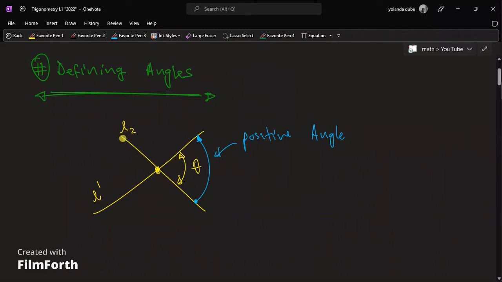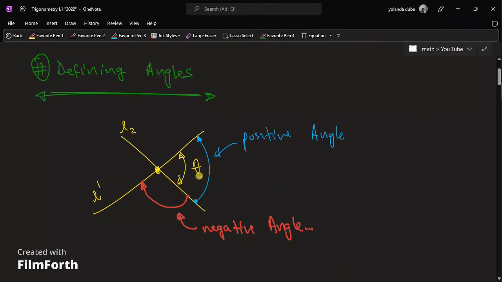This time you are asked to find the angle between lines L2 and L1, and then you measure starting from L2, but then decide to go this direction. So when you decide to go this direction, this one is what we refer to as a negative angle. You see, angles that are measured counterclockwise are positive, while angles that are measured clockwise are negative.